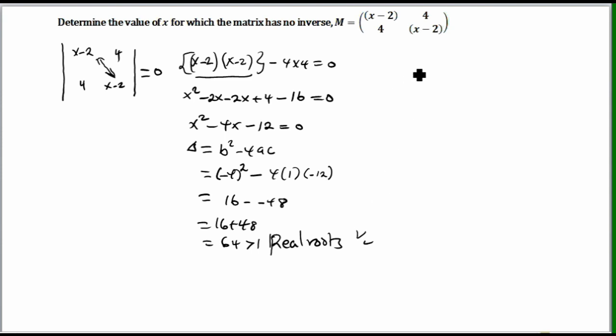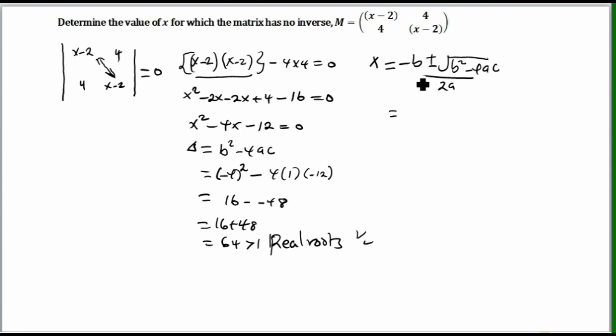So for the solution to all the values of x, there are many methods: there is the factoring method, the formula method, and the completing the square method. I decided to use the formula method, from which x is negative b plus or minus the square root of b squared minus 4ac, divided by 2a.